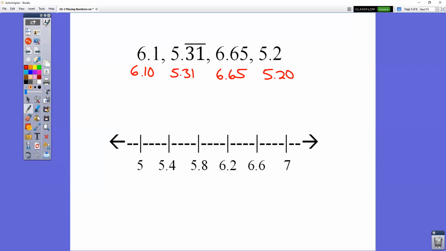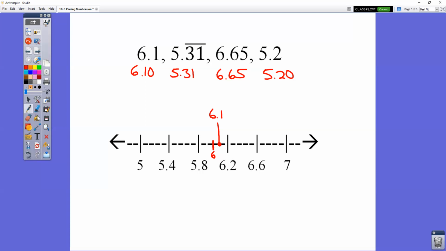Now, notice that our number line is counting by 0.4s this time. So 6 would be exactly in the middle. That's where 6 would be. Well, 6.1 is exactly in between 6 and 6.2. So 6.1 is right there on that gap.